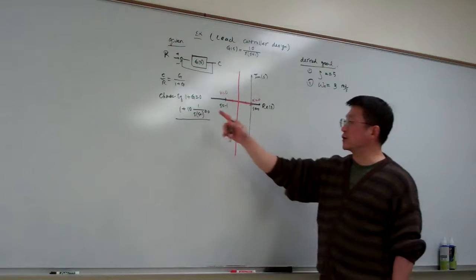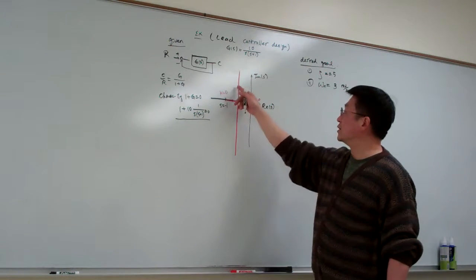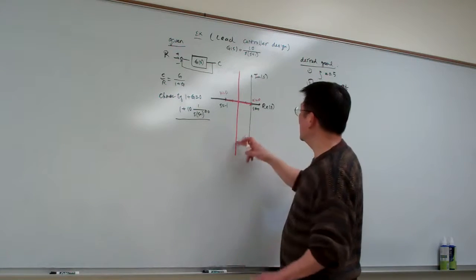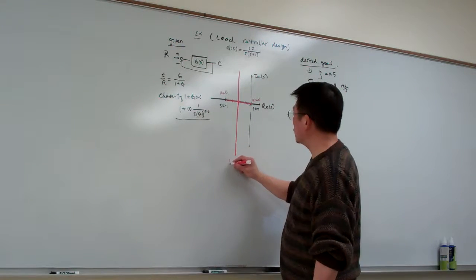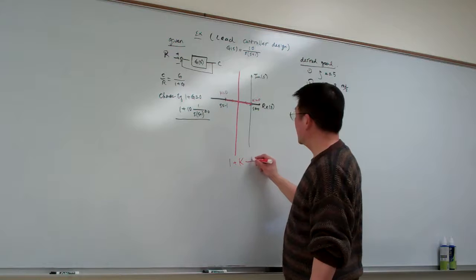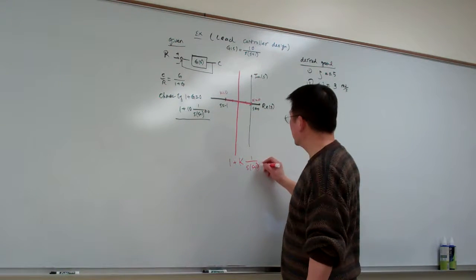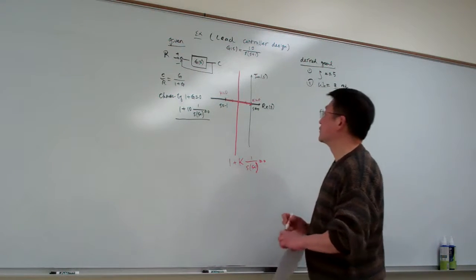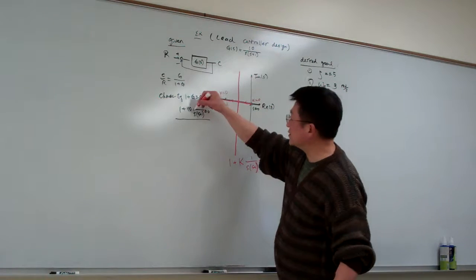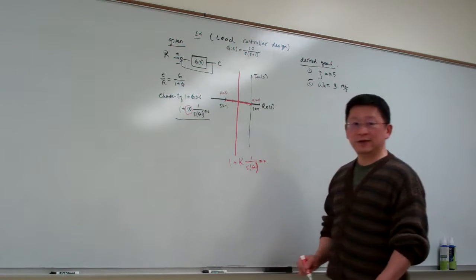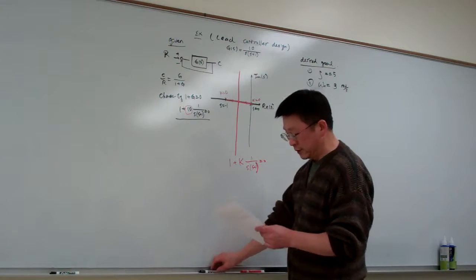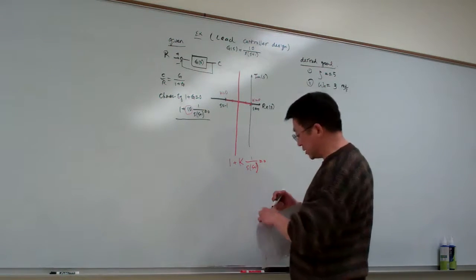In particular, you can see this is the plot for this root locus, 1 plus k over s(s plus 1) equal to 0. Okay, and now for this given system, we have the value at k equal to 10, right? So from this information, you should be able to determine the corresponding pole.